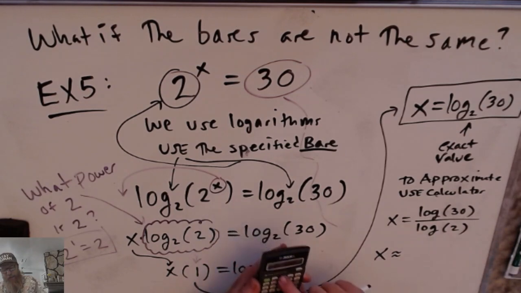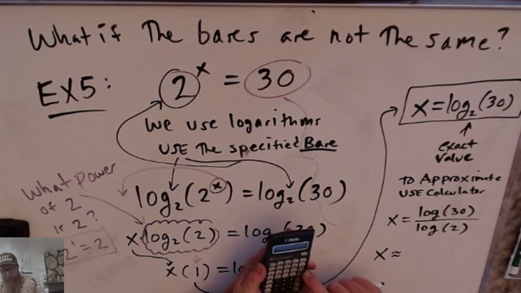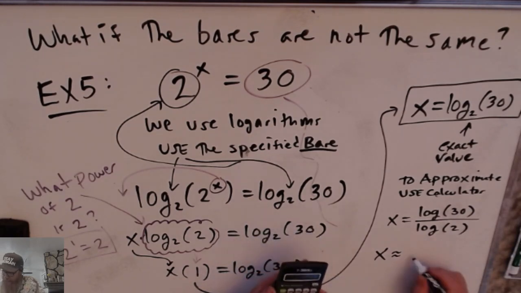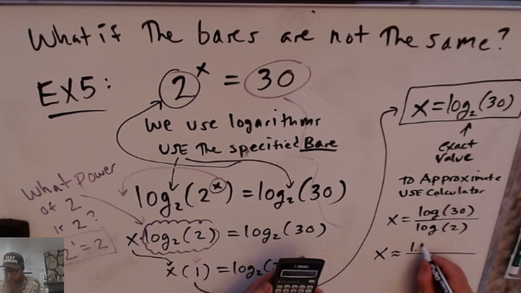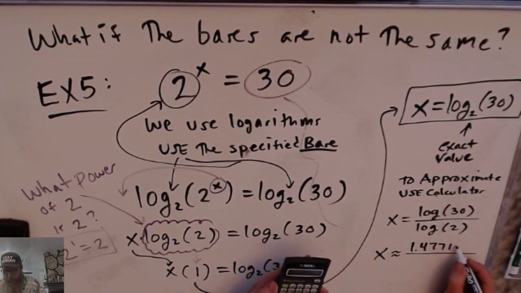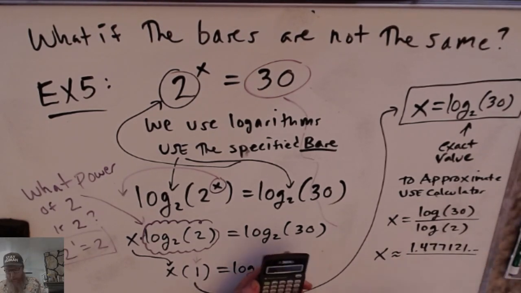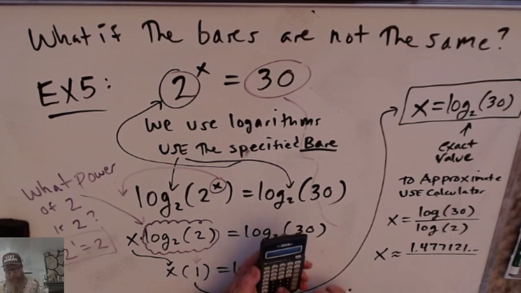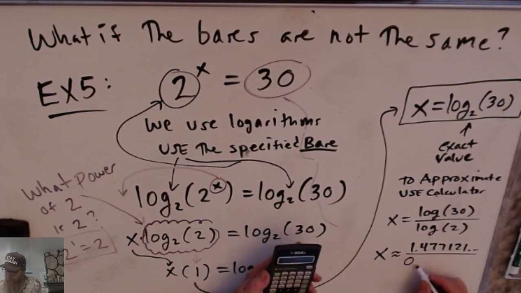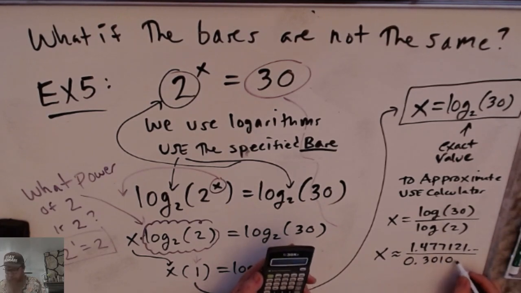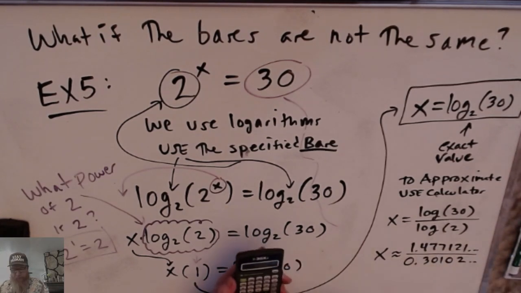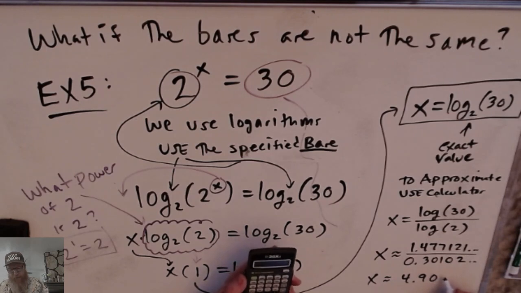I already wrote down log, so I'm going to do log of 30, 1.477121 and so on, divided by log of 2, which is 0.30102, and you're going to get approximately 4.9069.